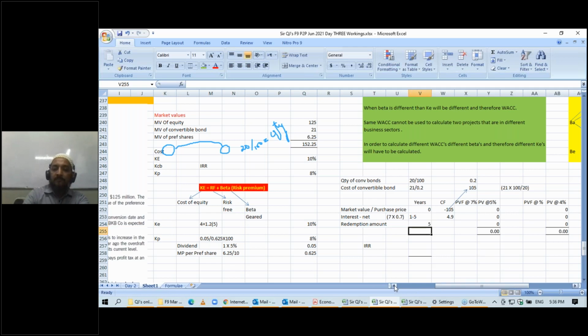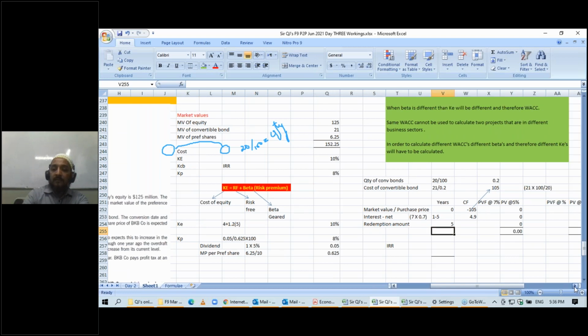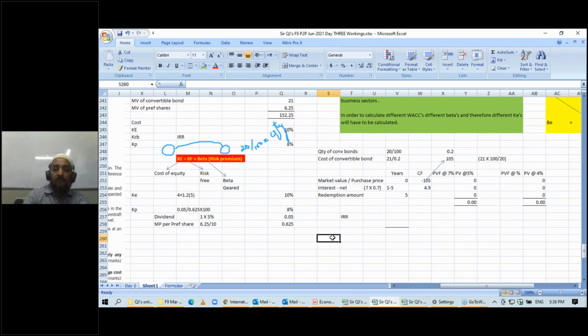We have to check whether the redemption will be in cash or conversion into ordinary shares.